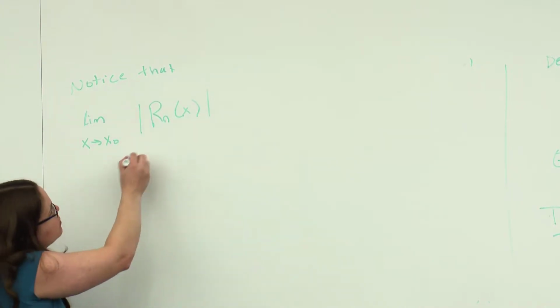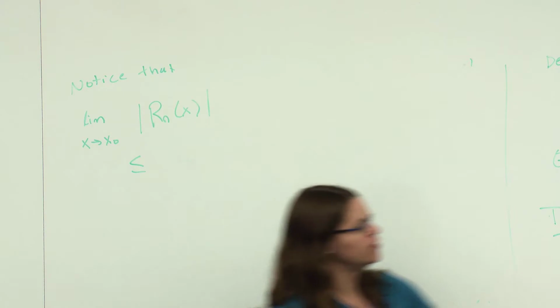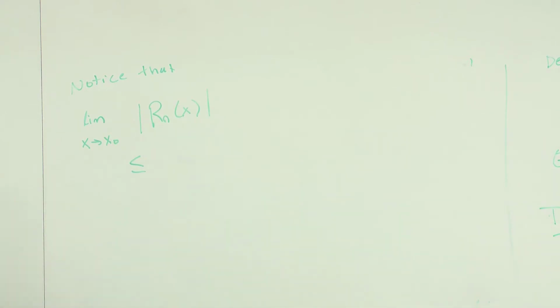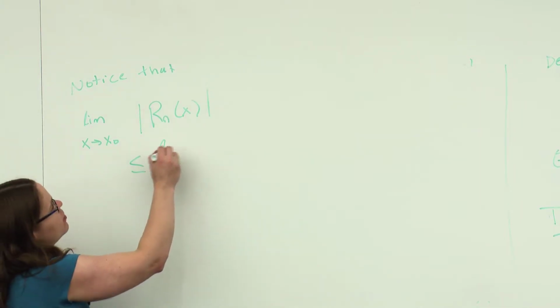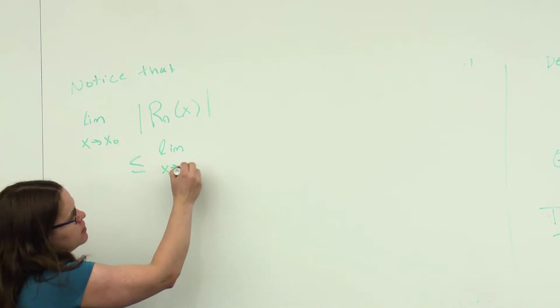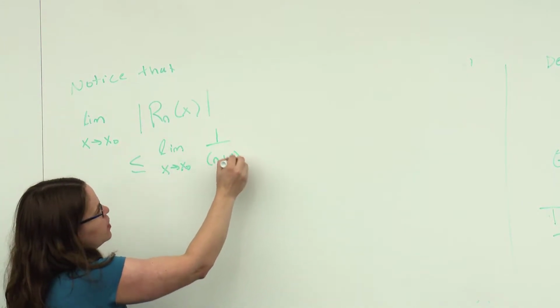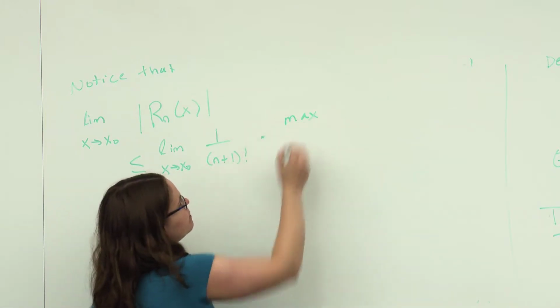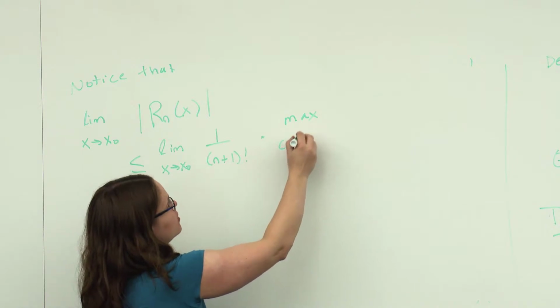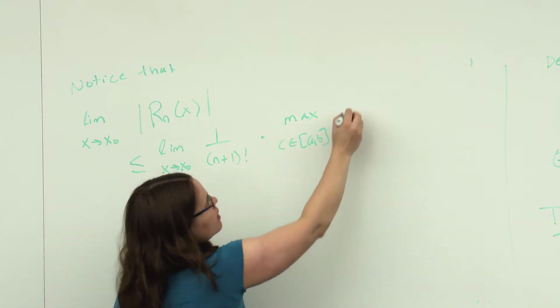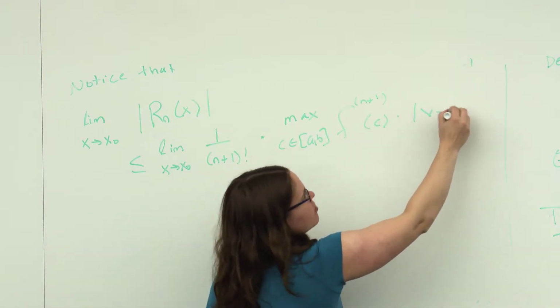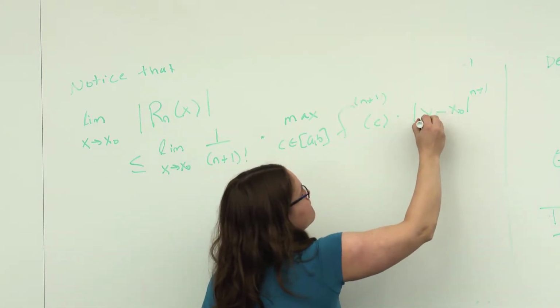I don't know exactly what this value is, but I can put bounds on it. We're doing our sandwich theorem or squeeze theorem, whatever you like to call it here. So this is going to be less than the limit as x goes to x naught of 1 over (n+1) factorial, which is just a number, times the maximum over all c belonging to [a,b] of f^(n+1)(c), times (x minus x naught) to the n+1.